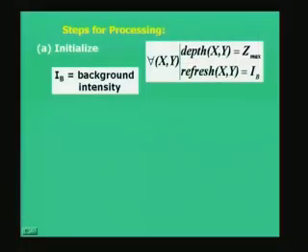You must not have your algorithm pick up this today, and tomorrow pick up the positive z direction. So, we are assuming here that the steps for the processing initialize, for all xy, the depth of xy to a z max value. Depending upon whether you are looking along negative z or positive z, the z max could be a large or a small value, whatever the case may be.